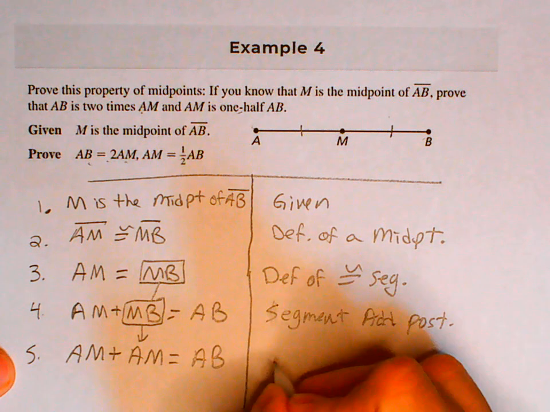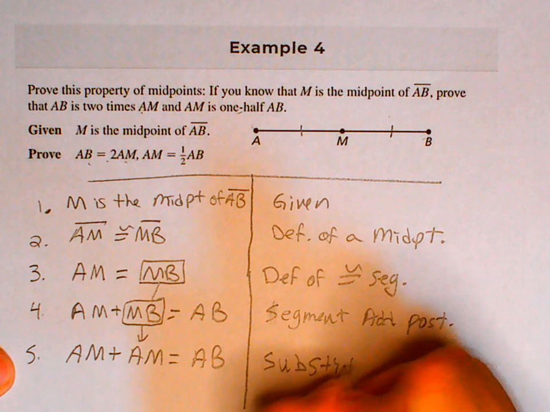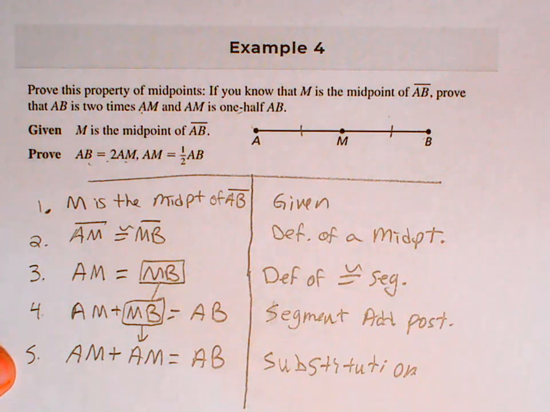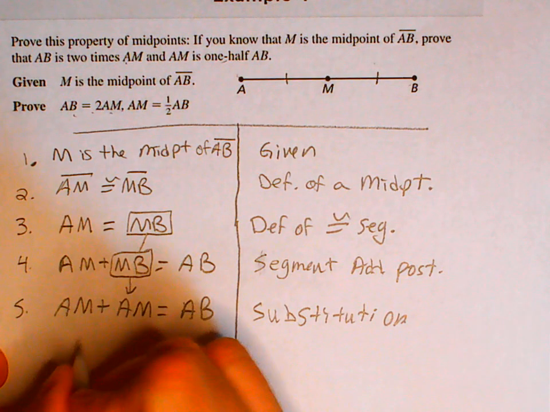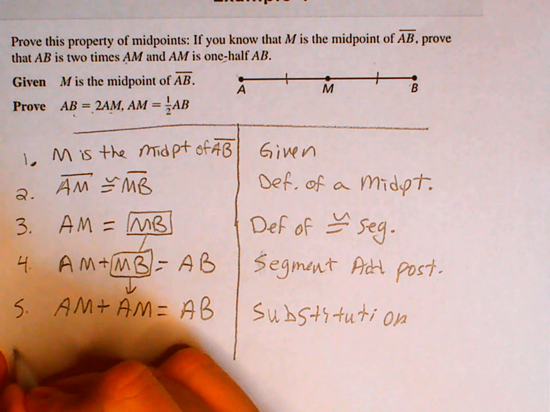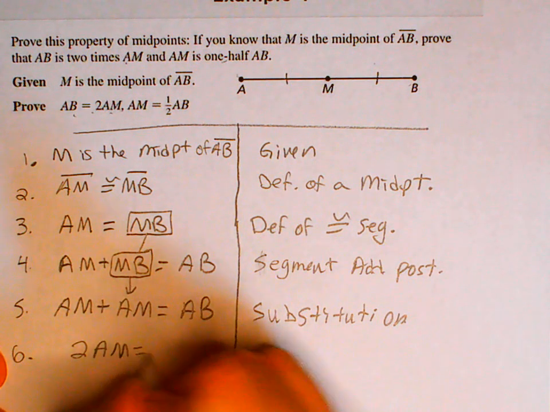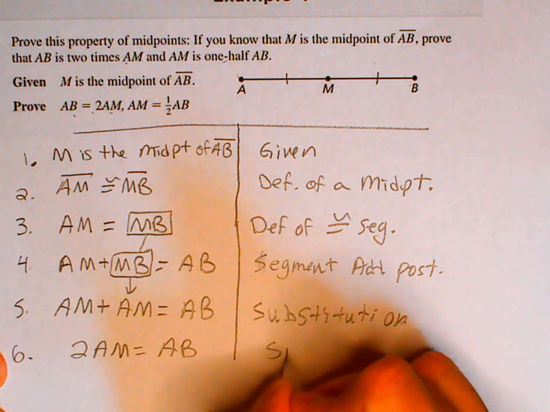So what did I do? I just literally did a substitution. Well, how is that going to help me? Well, hello, look, you've got AM plus AM. Well, isn't that equal to 2AM? 2AM equals AB. And what did I do? I literally just simplified.